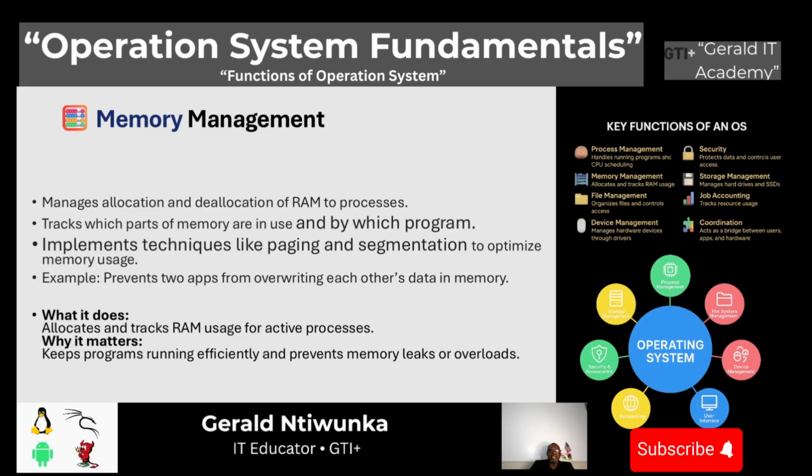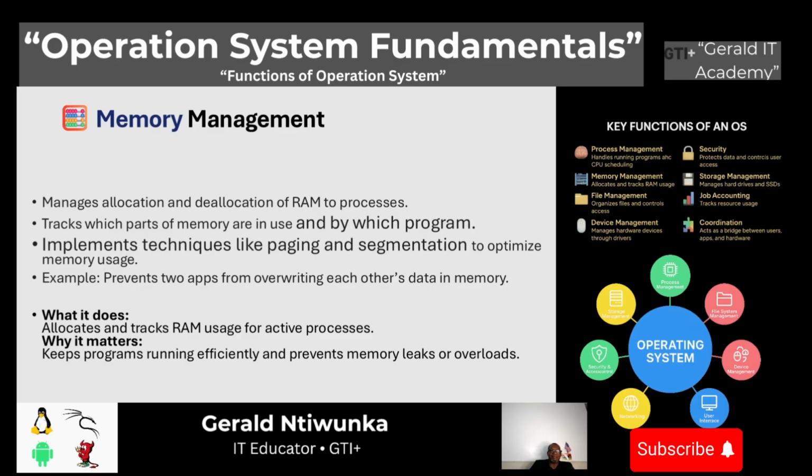You see, it implements techniques like paging and segmentation to optimize memory usage. For example, it is the work of the operating system that prevents two apps from overwriting each other's data in memory. That is what it does behind the scenes.